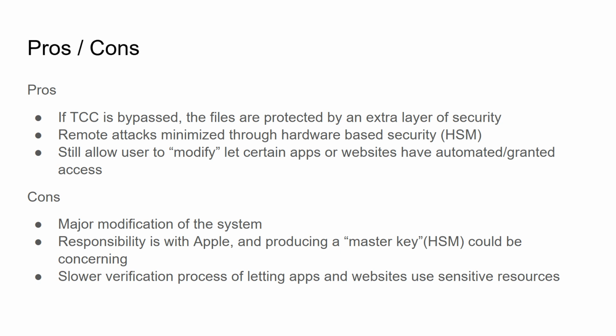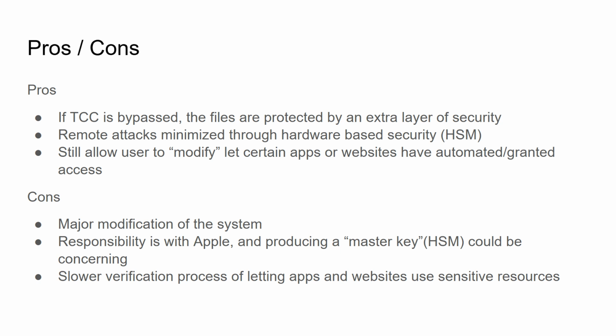So the pros for this are that if the TCC is bypassed, the files are protected by an extra layer of security, and remote attacks are being minimized through the hardware-based security.